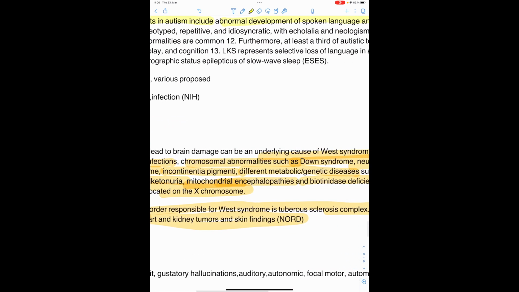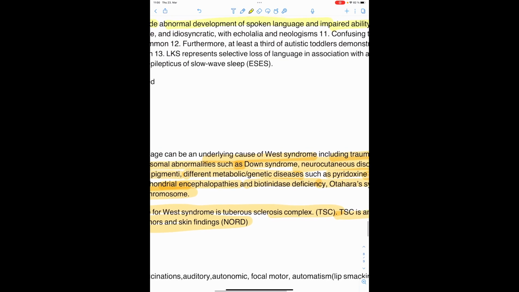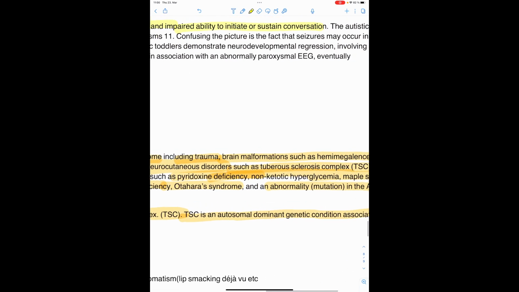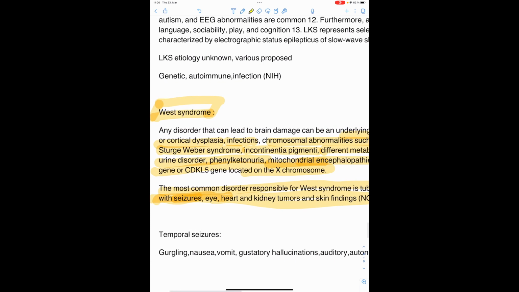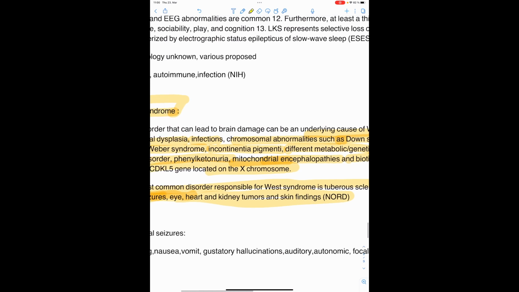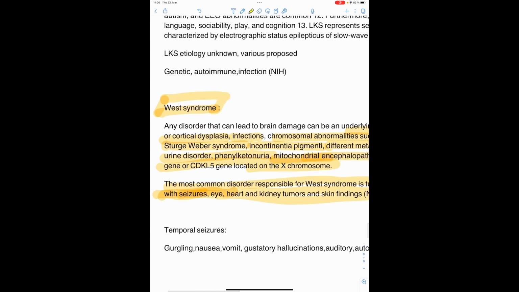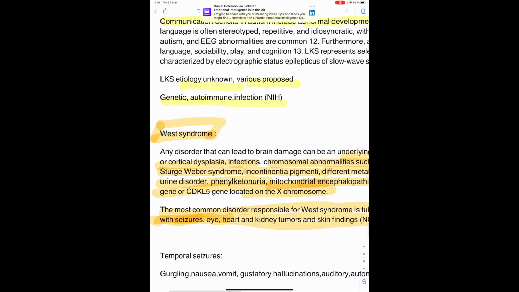LKS further represents selective loss of language in association with abnormal paroxysmal EEG, eventually characterized by electrographic status epilepticus of slow wave sleep. Etiology is unknown and various causes are proposed.